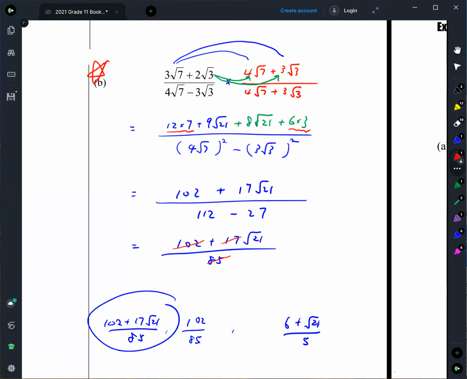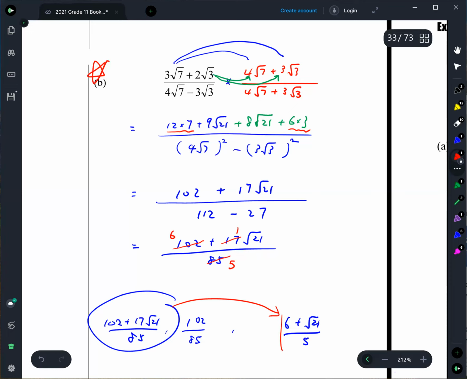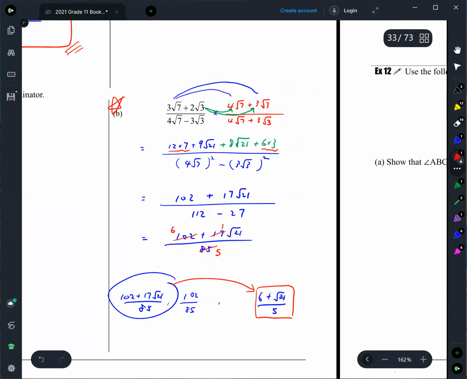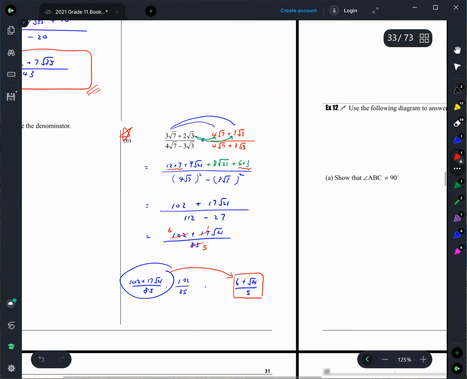So 17 divided by 17 makes it 1, and this one will become a 6, which is hard to see, and this one is a 5. If you simplify it, then you will get the full mark. Otherwise, you might lose a little bit of mark at the end. So very tricky here. If you want to simplify, make sure all 3 terms can be divided.